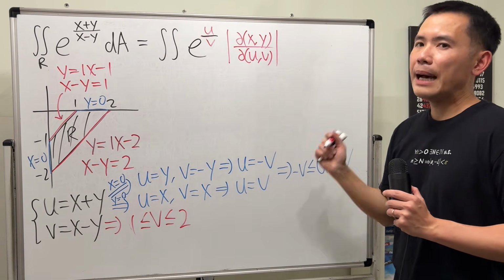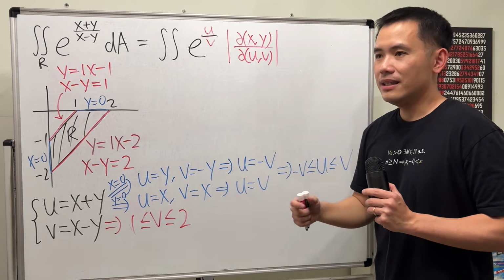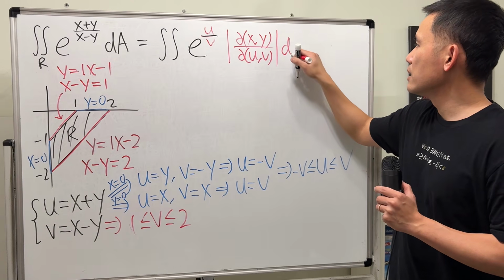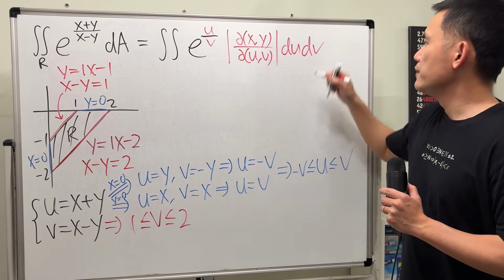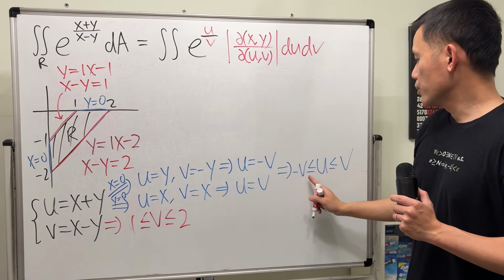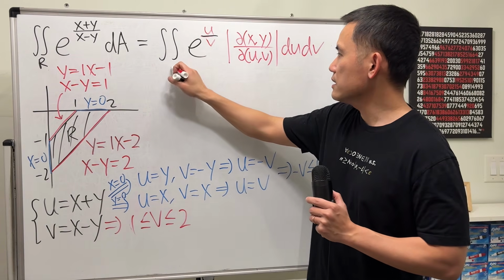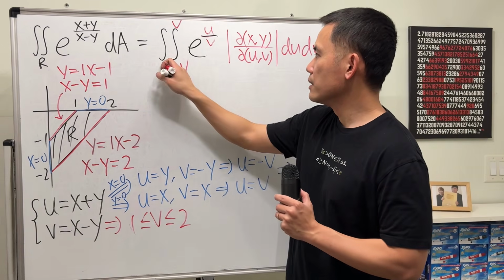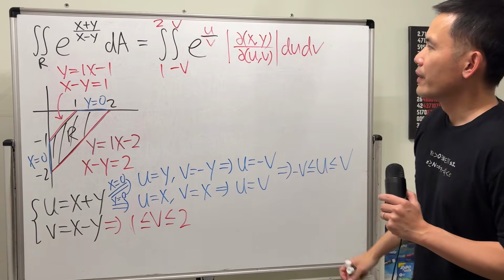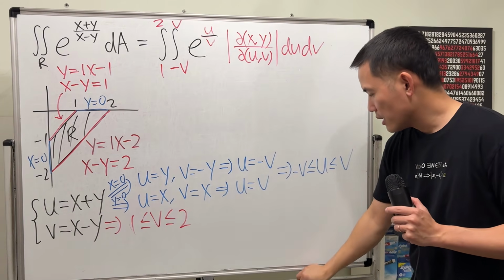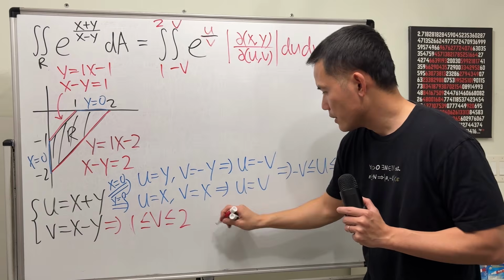This right here is the absolute value. The inside here is the determinant. And then we also need the du dv. u goes from negative v to v, so that's nice. And then for v, it goes from 1 to 2. Now, we just need to figure out the Jacobian, and then we'll be ready to go. For the Jacobian, let me write it down here.